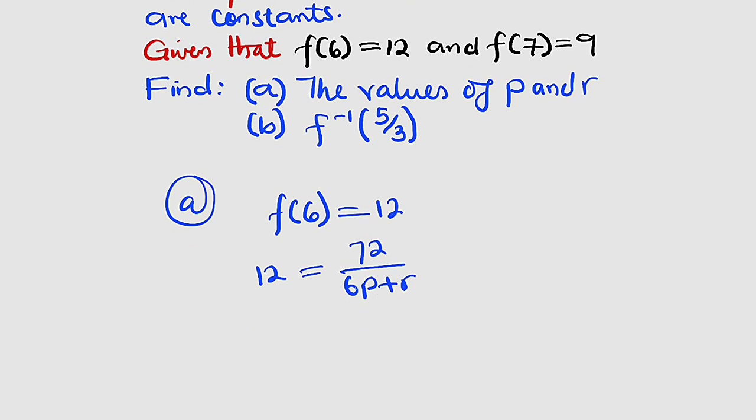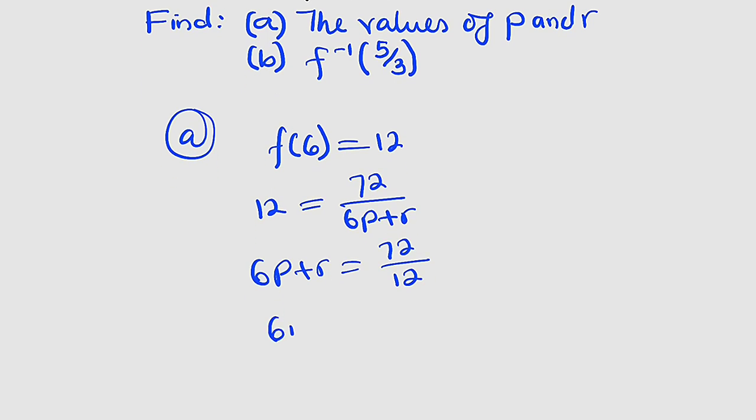I think we can switch this and this. Let's do that. We have 6p plus r is equal to 72 divided by 12. And 72 divided by 12 is equal to 6, right? So we have 6p plus r is equal to 6. This is our first equation.